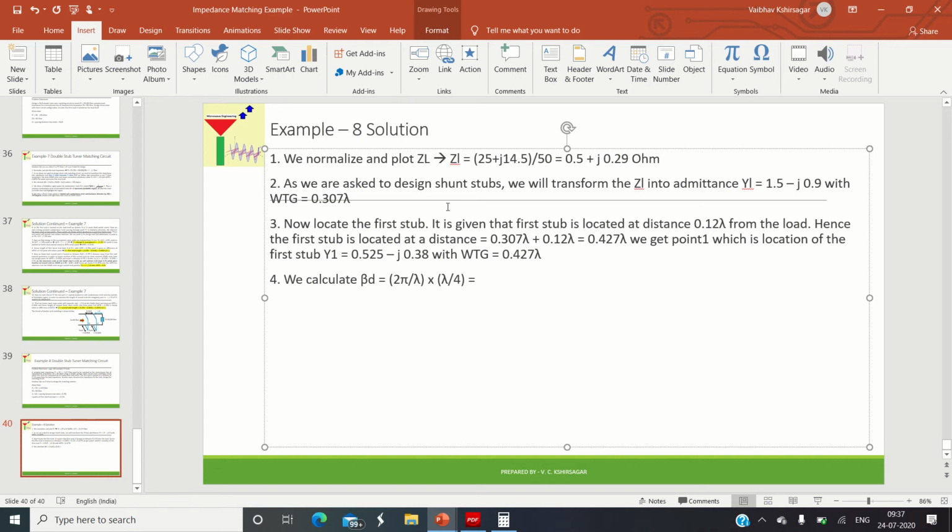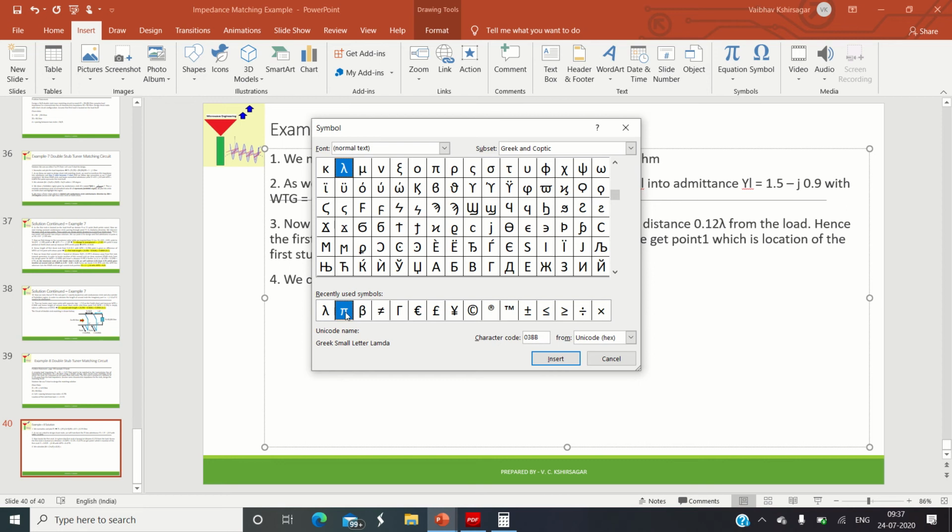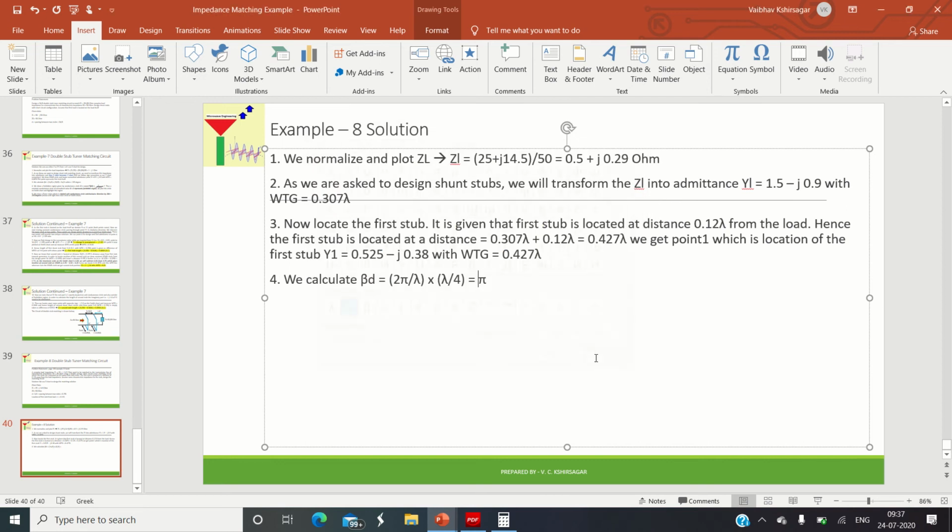So it will give the result 2 pi by 4, and you can write it as pi by 2. I write over here pi divided by 2. It is in radians, so pi by 2 is nothing but 90 degrees.